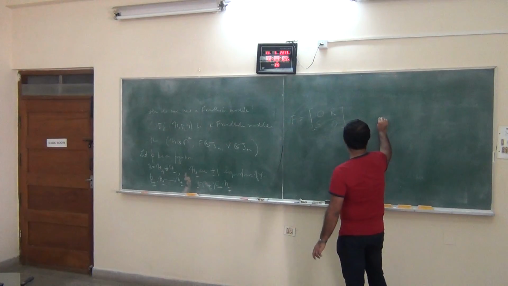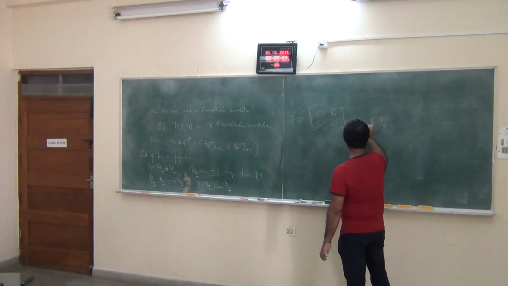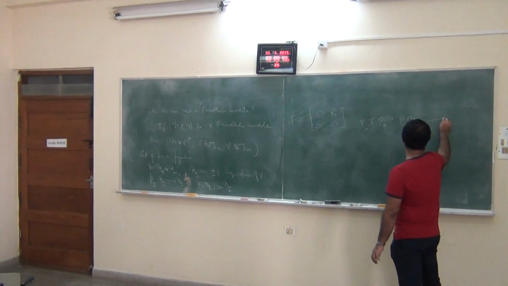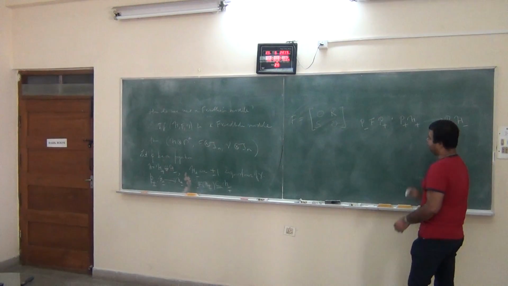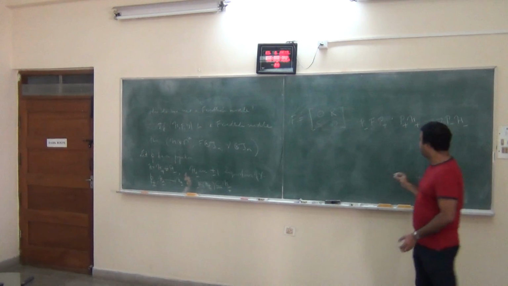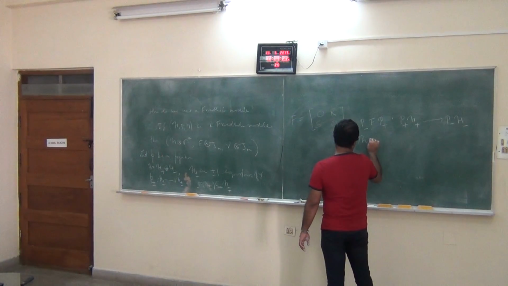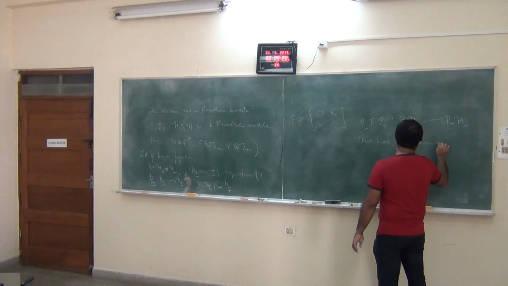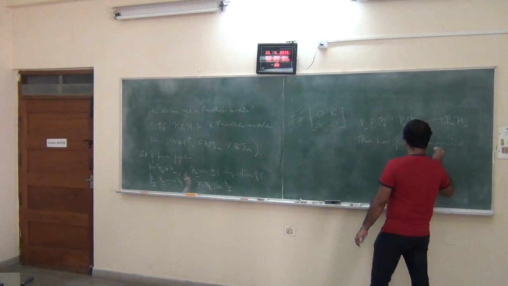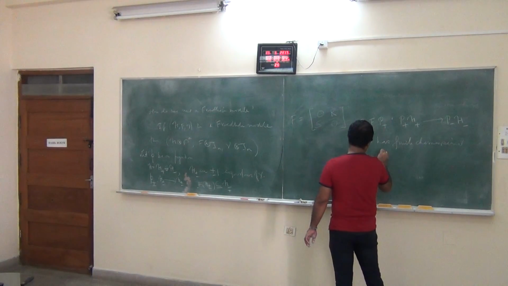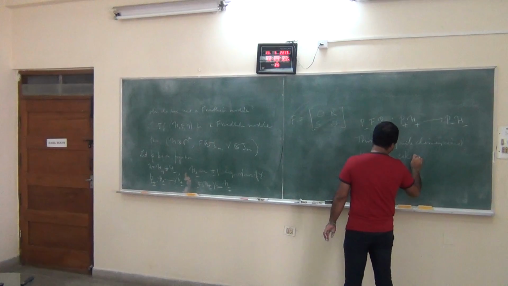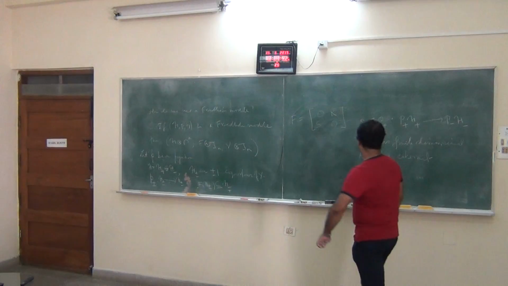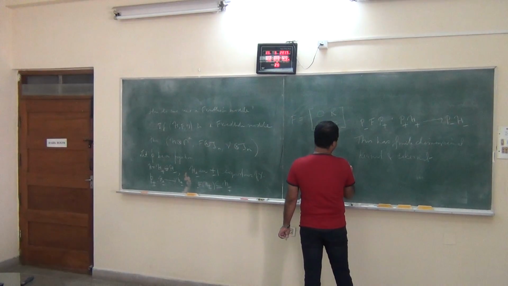Now I can look at this map, which is P minus F P plus. This is a map from P plus of H plus to P minus of H minus. And this map has finite dimensional kernel and co-kernel.